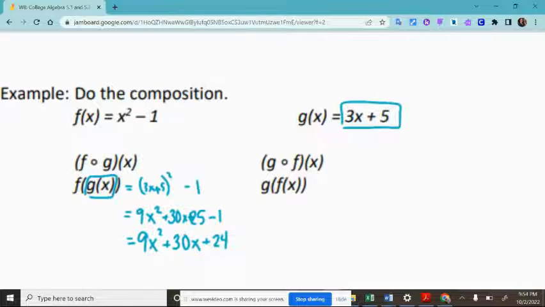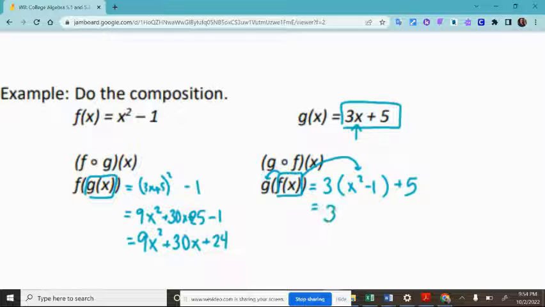Now, if we do it in the other order, we're going to take f of x and plug it into g. So let's write down that outside function with some space where we see that x so that we can plug in f into here. And f says x squared minus 1.